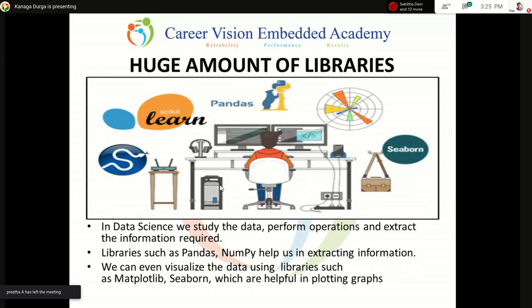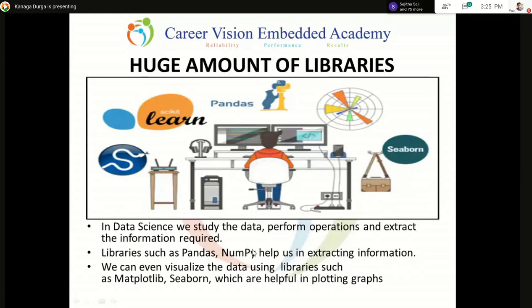To manage such a large amount of data is difficult in certain languages. Whereas in Python, it is very easy to handle this data using libraries such as pandas and numpy to extract information.